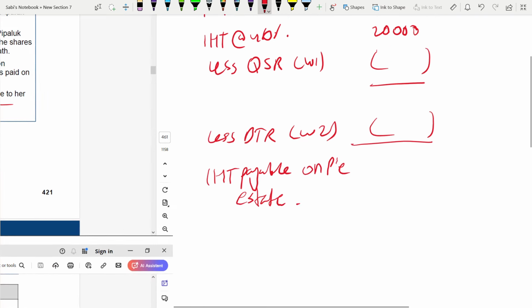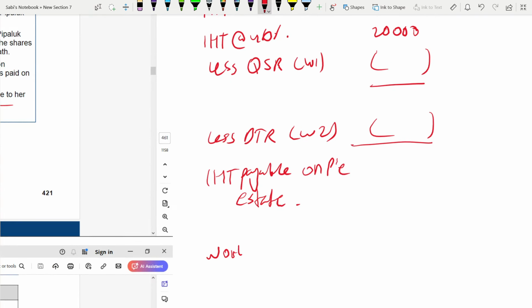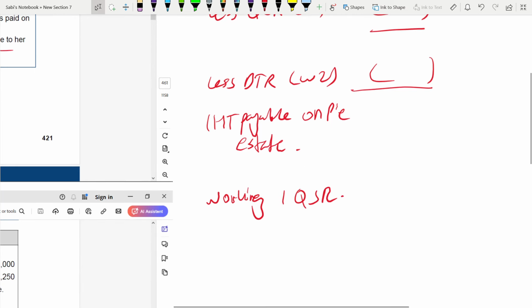So now let us do the working. Working 1 is QSR. First we'll finish with QSR. Okay, QSR method. I hope you don't forget the formula. You need the annual percentage. To know the annual percentage, you need to know the time between the 2 deaths. So first it is the IHT.